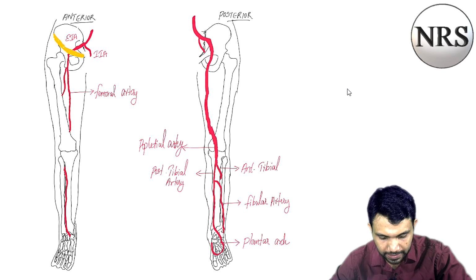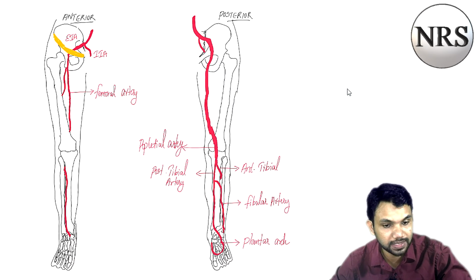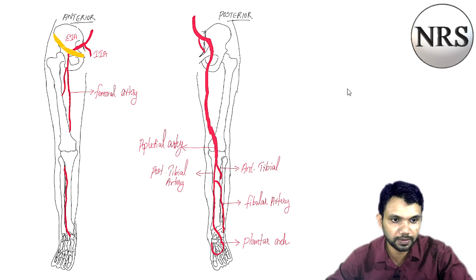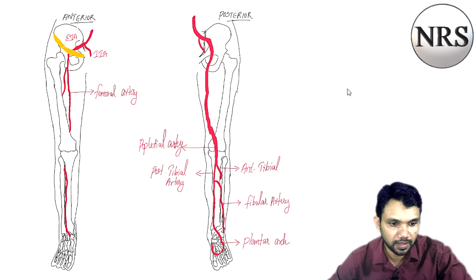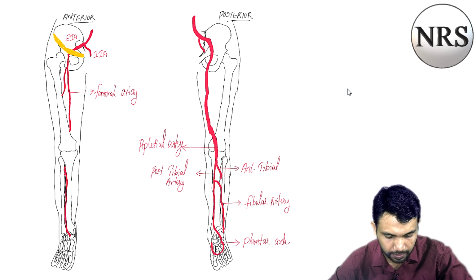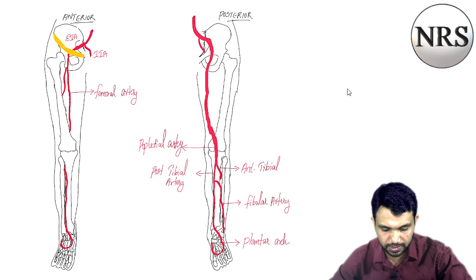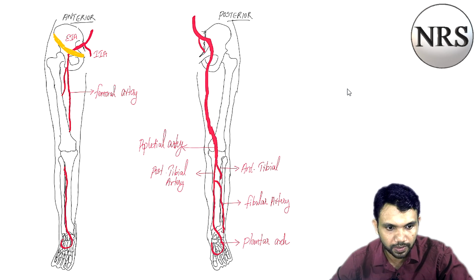This plantar arch, along with the arcuate artery from the anterior side, we saw this anterior tibial artery, this will come down and it will anastomose with this artery here, the posterior one. Both of them will join at some place over here.